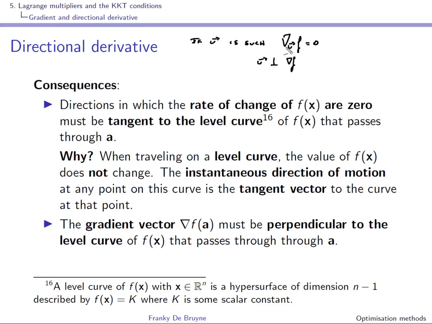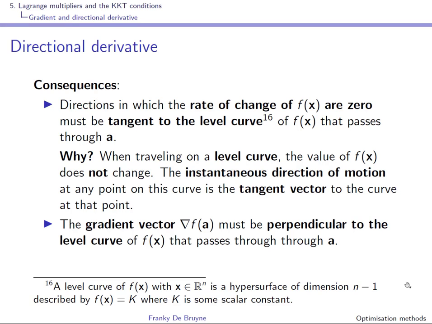This must mean that in this direction f is not changing and that you are therefore on a level curve, right? So in this direction of u, you're traveling on a level curve, and you can see that this direction is perpendicular to the gradient, so you can see that the gradient is indeed perpendicular to the level curve of f.